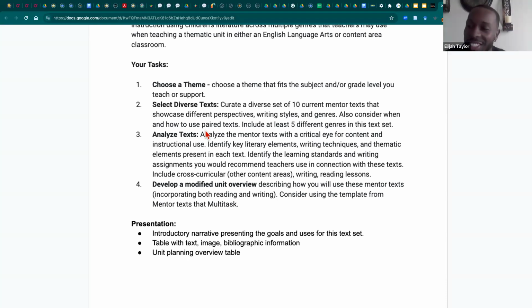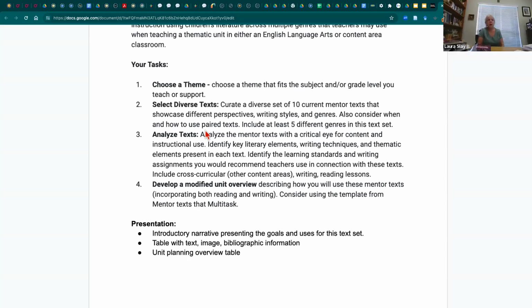Is it kind of like just collecting books, or seeing if something ties into that theme? Because sometimes things go over my head. Well, what we're going to create is a collection.